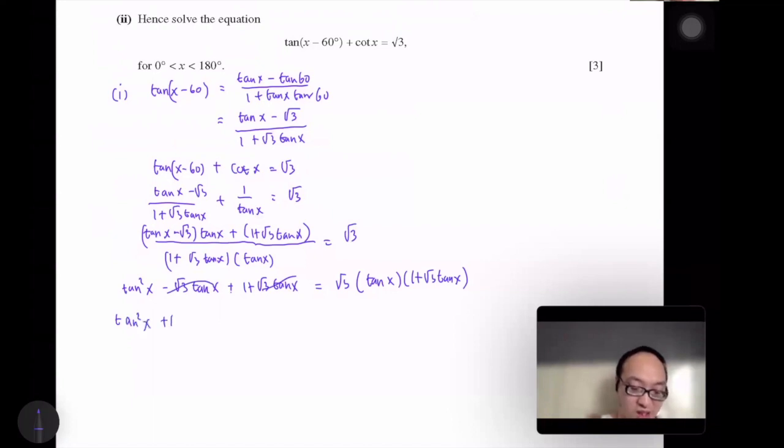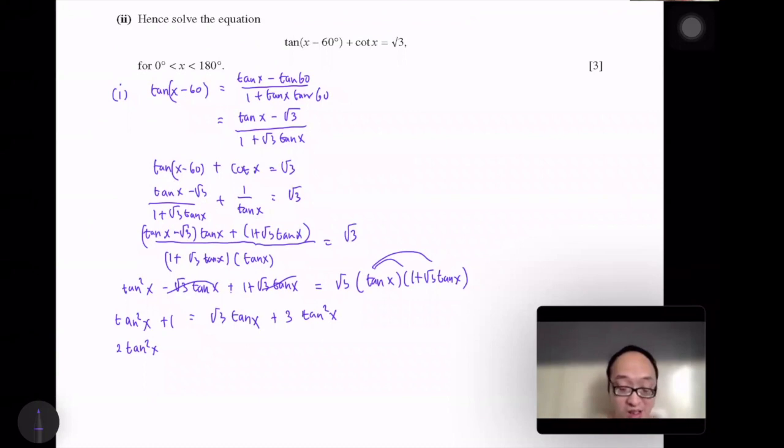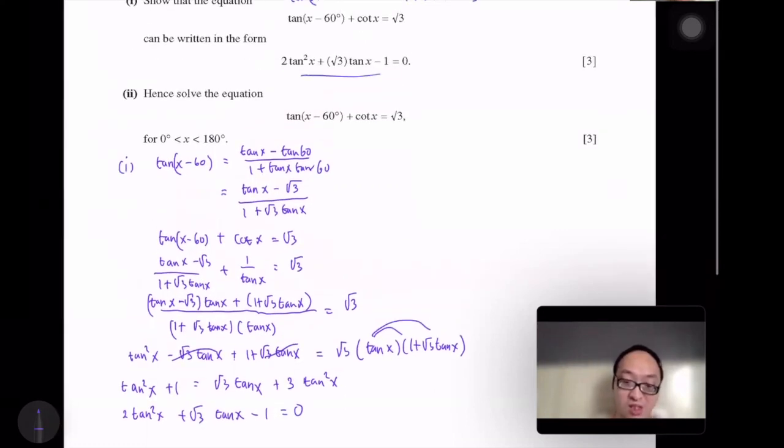Tangent squared x plus 1 equals root 3 tangent x plus, root 3 times root 3 is 3, tangent squared x. So it becomes 2 tangent squared x. I move it to the right, plus root 3 tangent x minus 1 equals 0, which is proven.